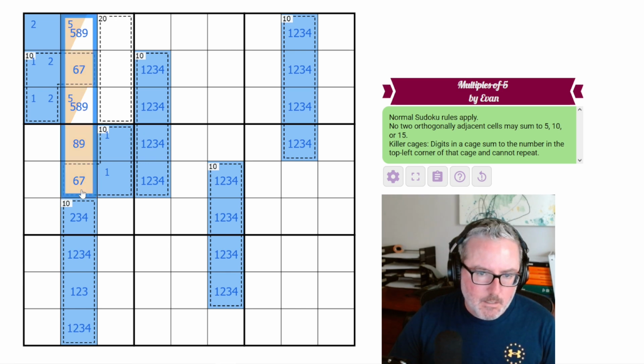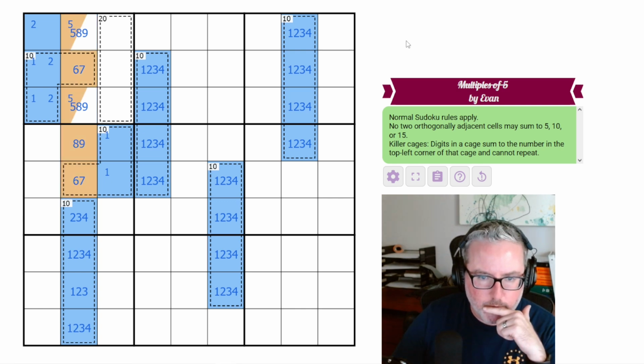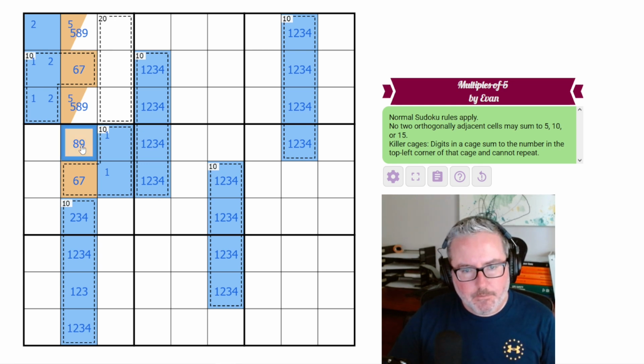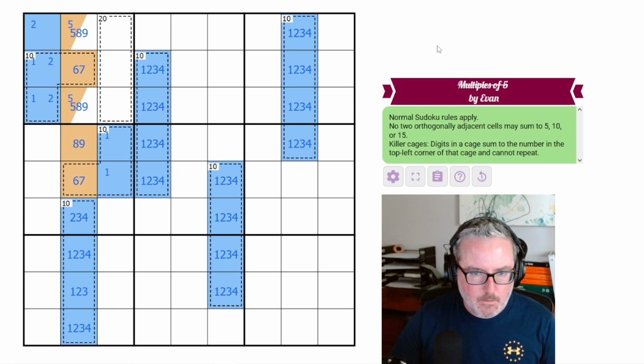Is there anything in these groupings that we can remove as options, though? So we'd say if whatever this is, if this is the 8, this has to be a 6. If this is the 9, this has to be the 7.